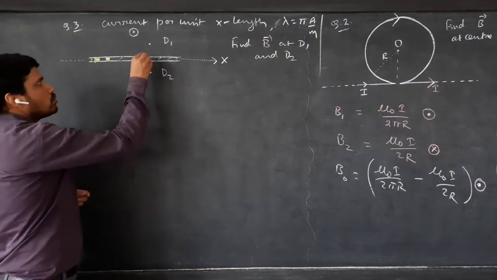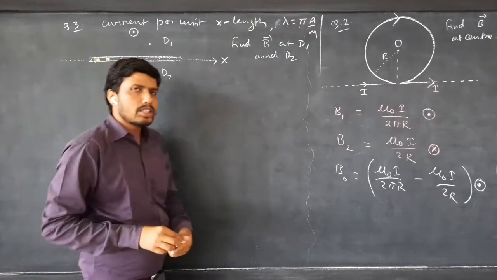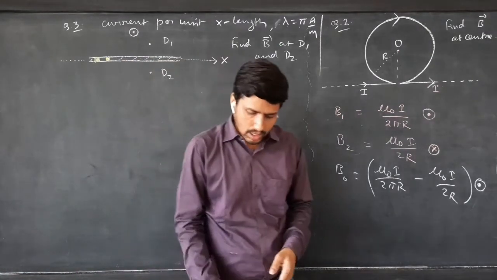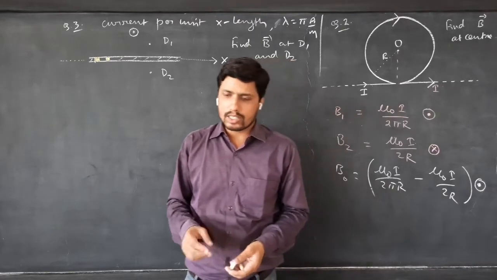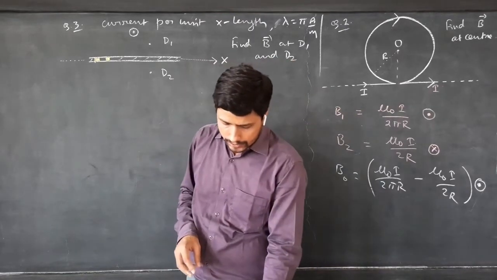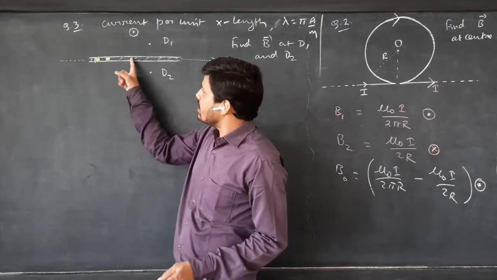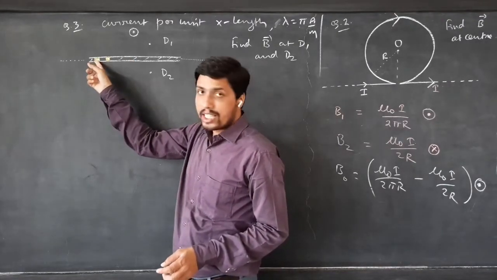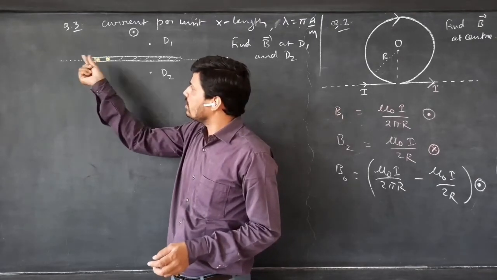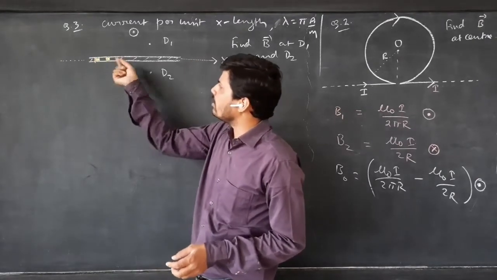First of all, at these two points D1 and D2, let us decide the direction of the field. Now, using arguments of symmetry and Biot-Savart law, we can guess about this particular direction. See, each conducting rod-like structure which we will have, this is like a thin wire, thin wire, thin wire.